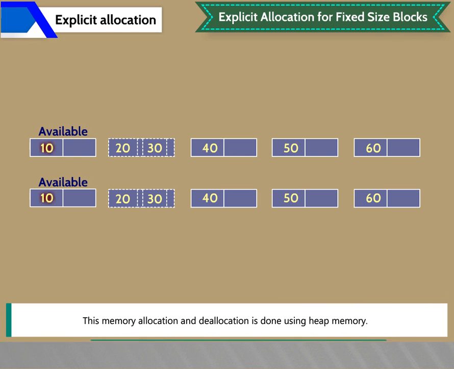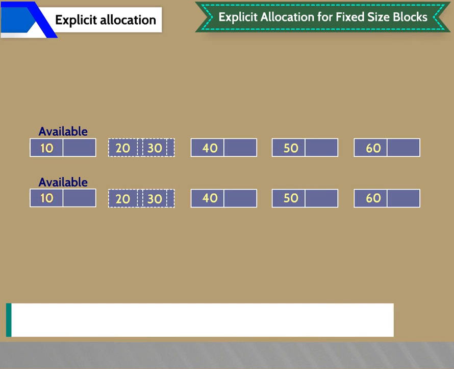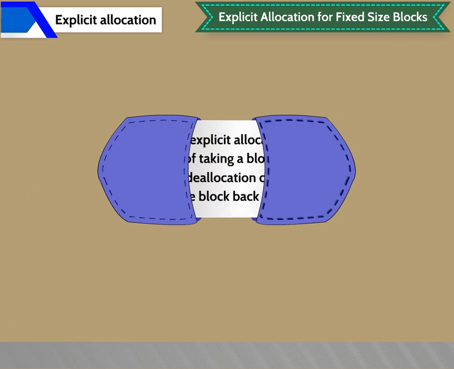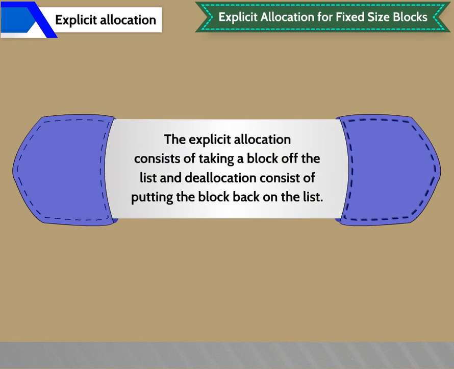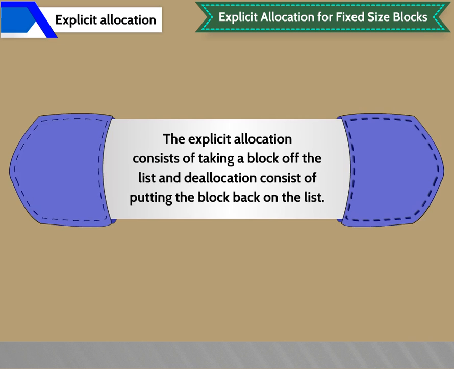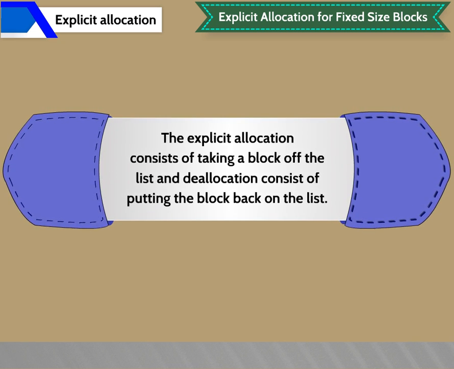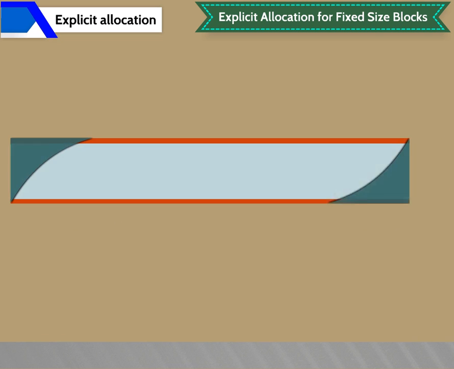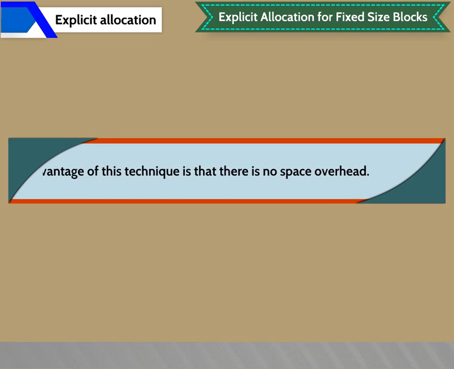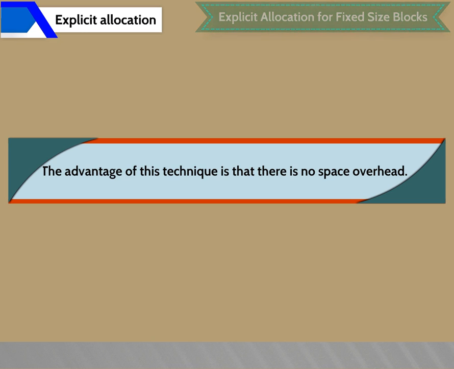This memory allocation and deallocation is done using heap memory. The explicit allocation consists of taking a block of the list, and deallocation consists of putting the block back on the list. The advantage of this technique is that there is no space overhead.